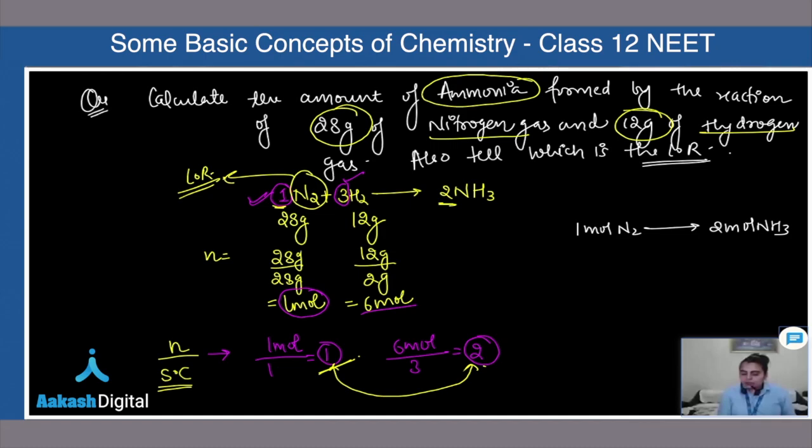Is it clear? So the amount of ammonia will be 2 mole and its mass would be number of moles times molar mass, that is 34 grams.